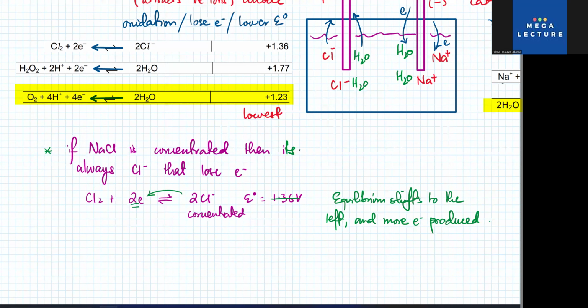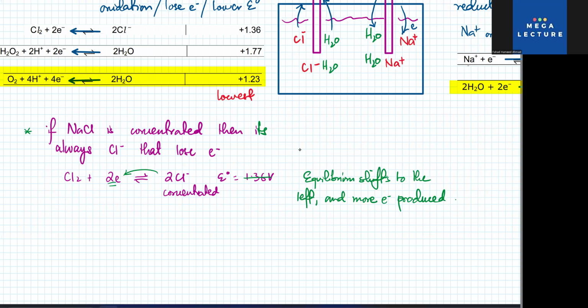And since more electrons are getting produced, that means the potential decreases. So the electrode potential decreases.